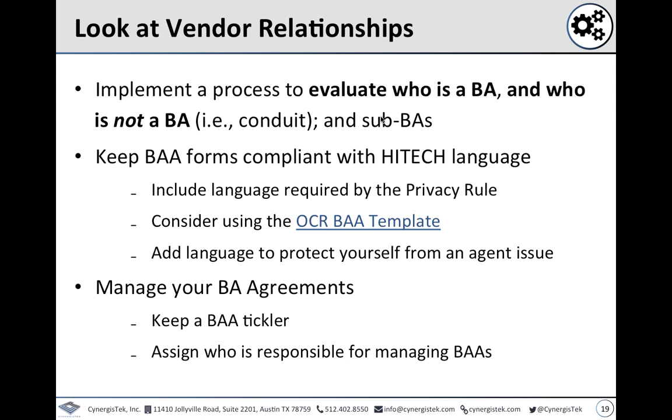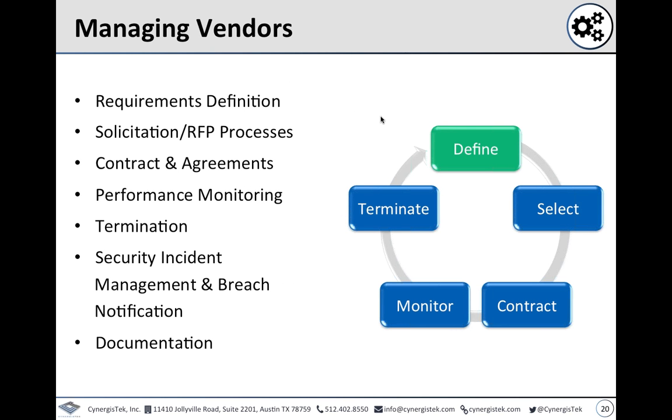And it's a good idea to have some type of process in place, whether it's a tickler on your information system, or it's a process step that you made in your internal administrative structure to make sure that someone's reviewing and identifying where these relationships are being created.